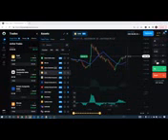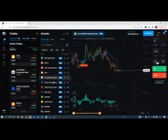And that's the beauty of this strategy, guys. We don't really need to jump from one asset to another. We just stay focused on a few assets, and that's how it goes.